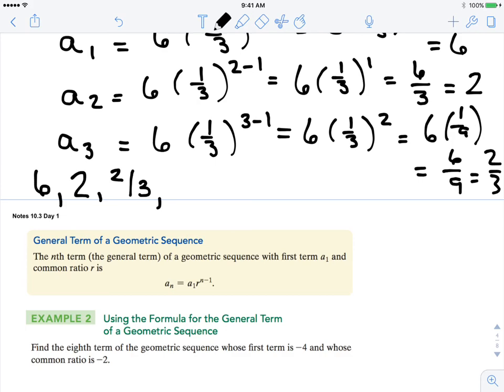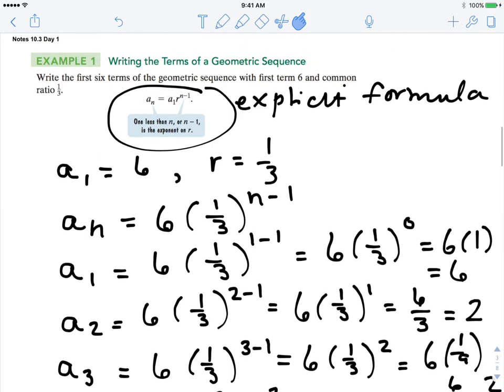So you would get 2/9, 2/27, and then 2/81. So there are the first 6 terms in that geometric sequence that has a first term being 6 and a common ratio of 1/3.